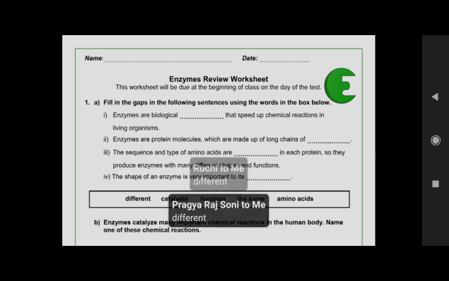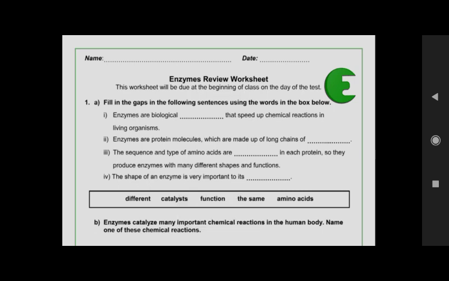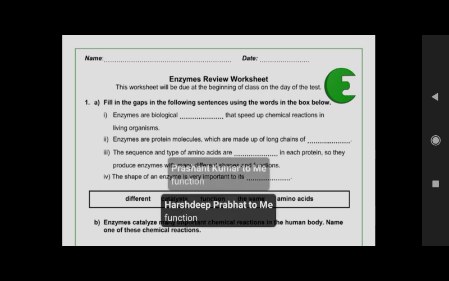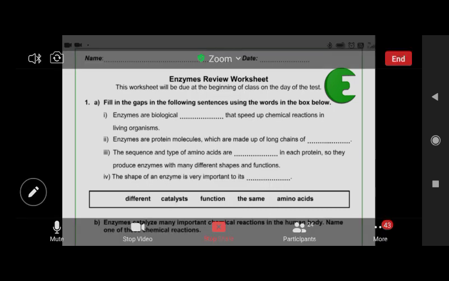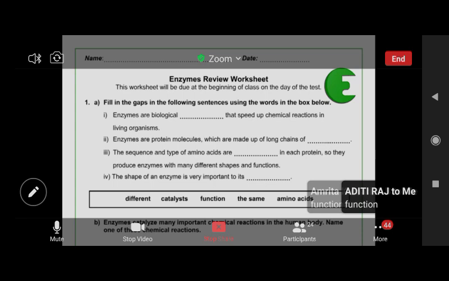Students, those who have said same, it's not the same, it is different. Yes, the shape of the enzyme is very important to its function. Very good. Correct.